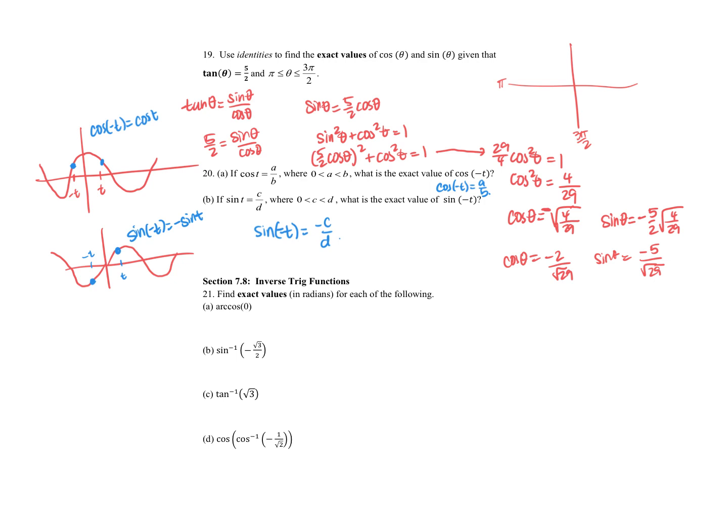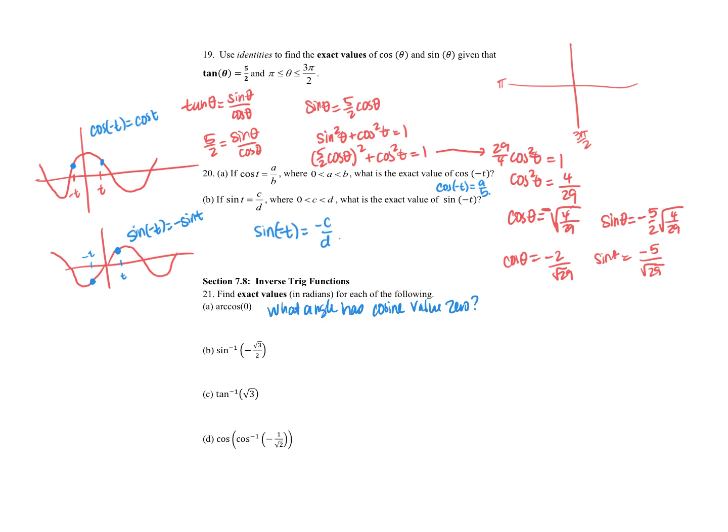Next, find the exact values in radians of each of the following. This is asking for us to find arc cosine of 0. So the question we're asking is, what angle has cosine value 0?